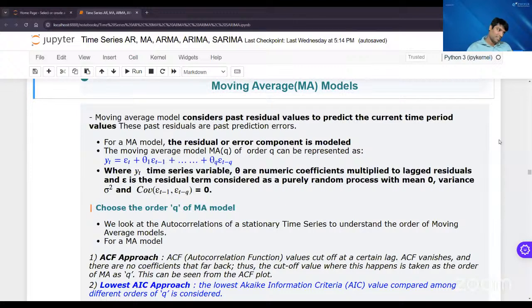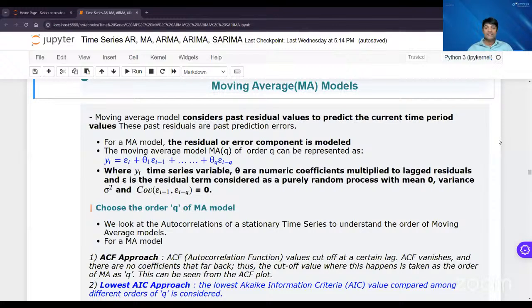Instead of the lags, I'm now using one more new word: we try to predict by using the errors, or the white noise, in the data. This is a little different from what we understood in the autoregressive model.